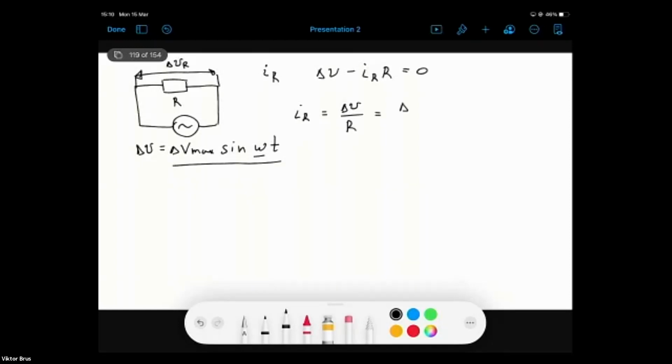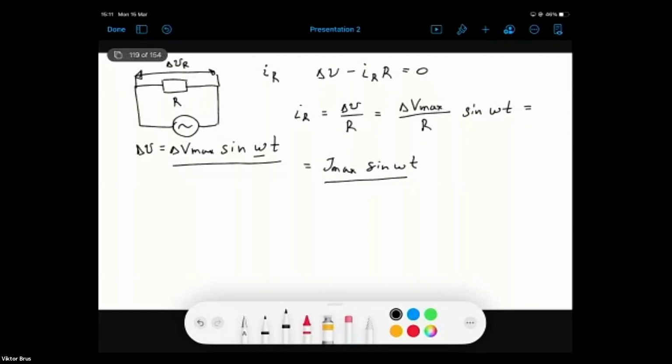We have delta V maximum, like the amplitude value, divided by R, the resistance, times sine omega t. And this will be equal to I maximum times sine omega t. And this is the equation which describes the instantaneous electric current in this circuit through the resistor R.